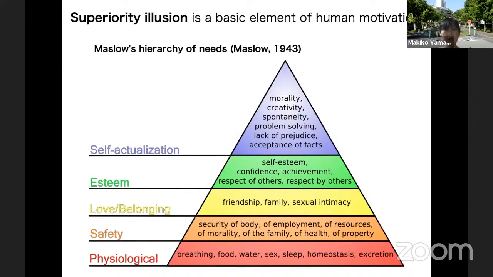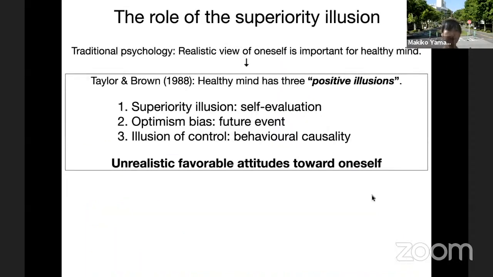Superiority illusion is actually regarded as a basic element of human motivation to meet the need for self-esteem, such as we want to be respected by others. Traditionally, it was once thought that a realistic view of oneself is important for a healthy mind.